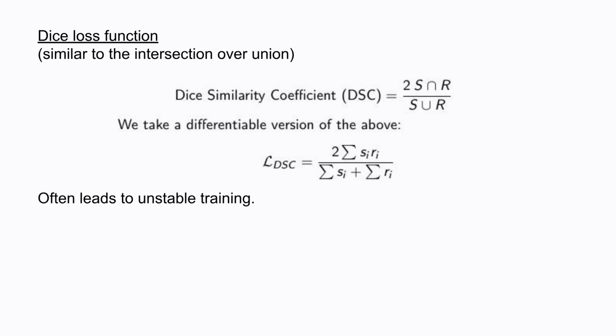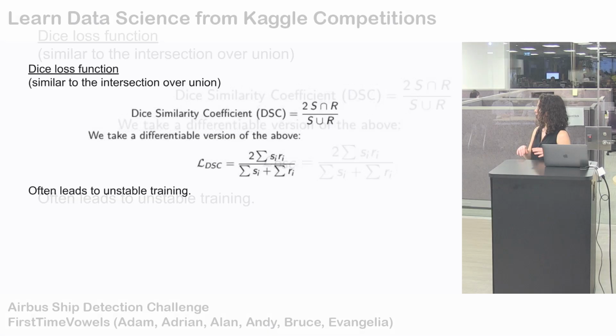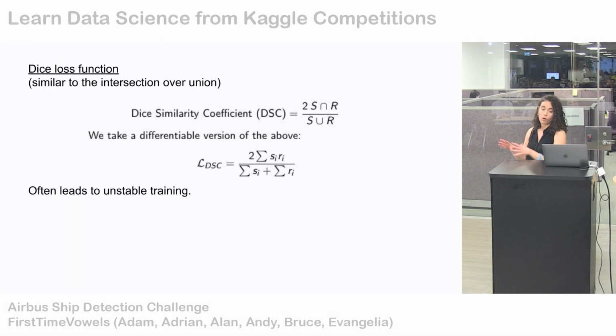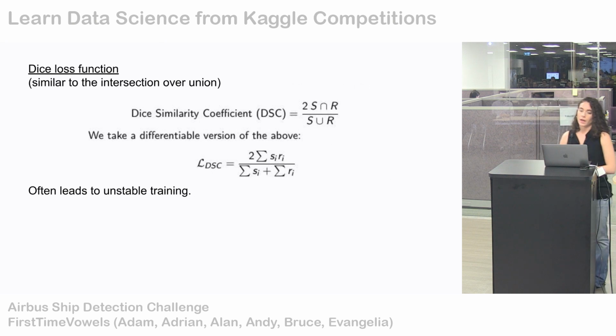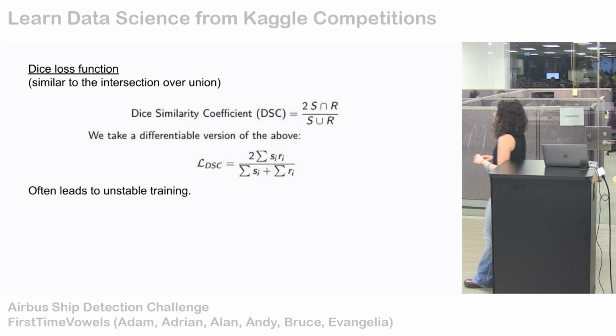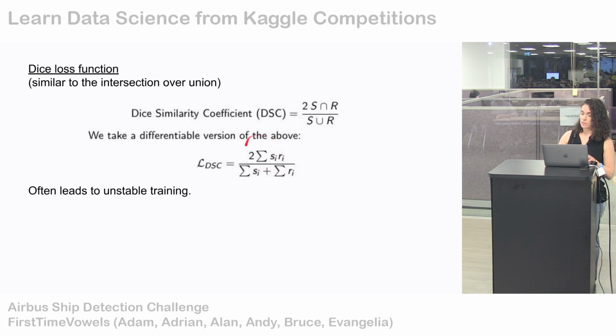And again, Matt said that this is not a continuous function, so you cannot optimize it with mathematical tools. So basically, you just want to take a continuous version of this function and make it a dice loss function. This part is a modification of the dice coefficient.